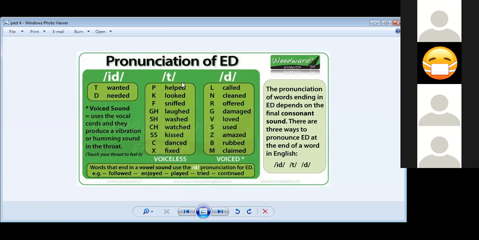When the verb ends with L, M, N, R, G, V, S, Z, and B, you have to pronounce ED as "d": called, cleaned, offered, damaged, loved, used, amazed, rubbed, and claimed. And when the verb ends with T or D, you have to pronounce ED as "id": wanted, needed. Can you notice? Wanted and needed.